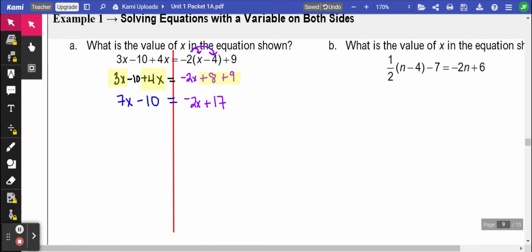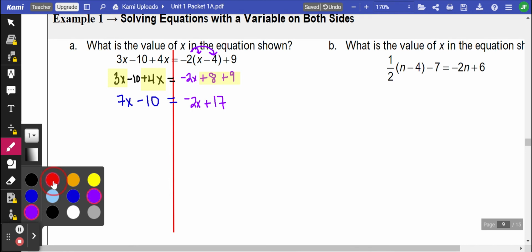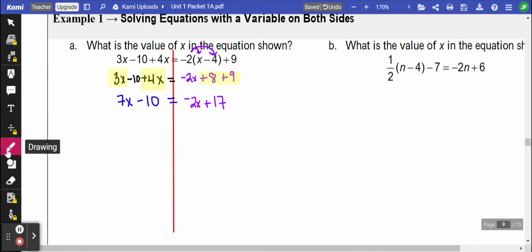Now, steps 4 and 5 talk about moving the variables and the numbers to certain sides. Mrs. Straight, when she helps you, will often show you this, but she likes to label this the letter side with an L and the number side with an N. So if there's a letter on the number side, we need to cancel it out.